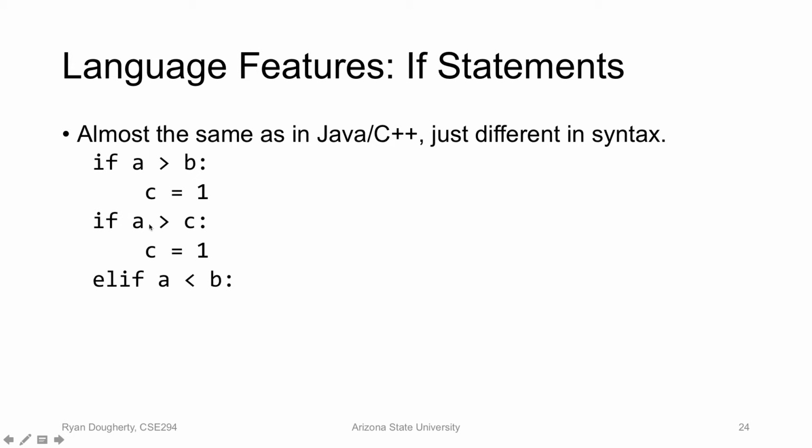If the condition right before, A is greater than C, is false, then it'll fall to this condition, then check A is less than B, and then do that if necessary. And then obviously we have else clauses, which, if everything above it has been false, will actually do this particular body. Okay? So any question on if and else statements?